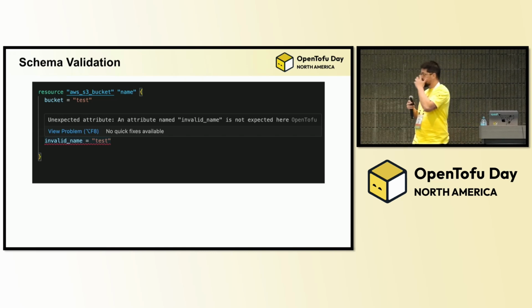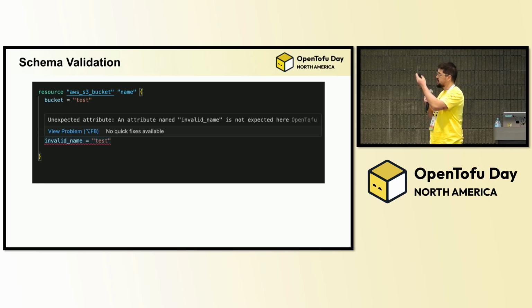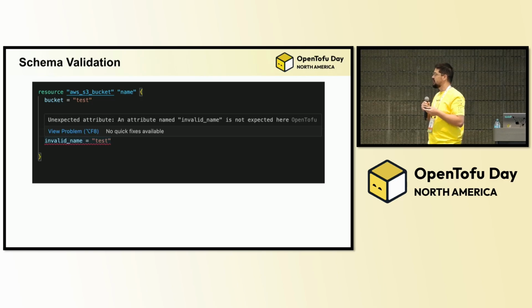In this case, I added an invalid attribute that's not supported by the S3 bucket resource. So how can the server know that that value does not exist in the schema?